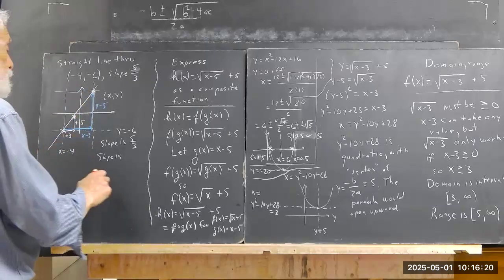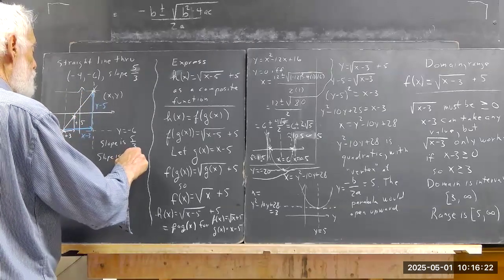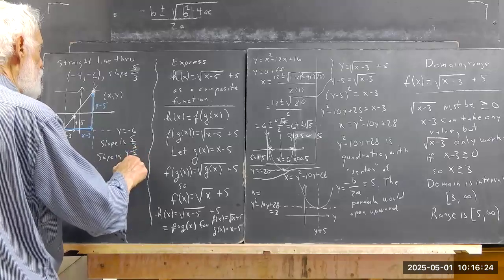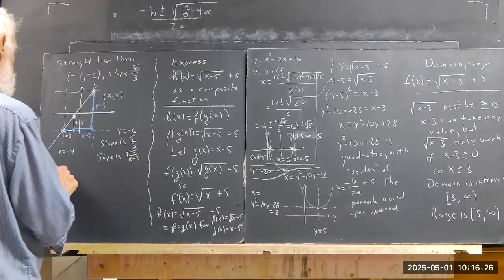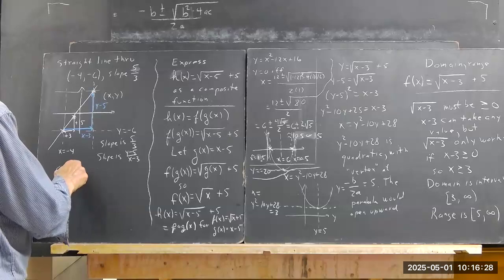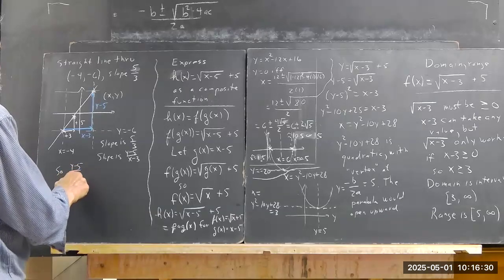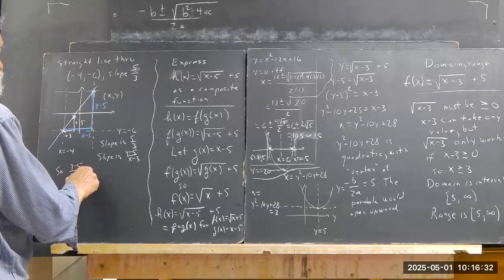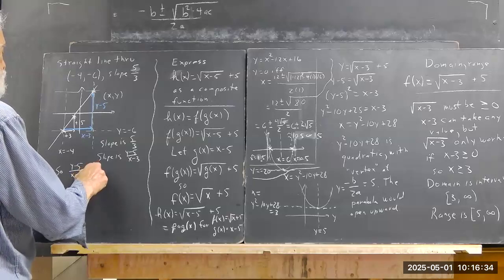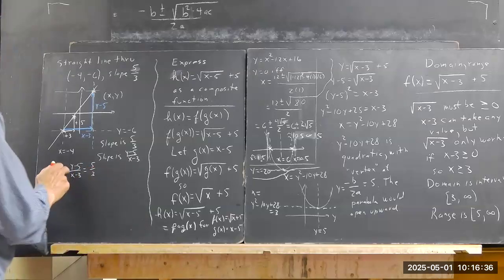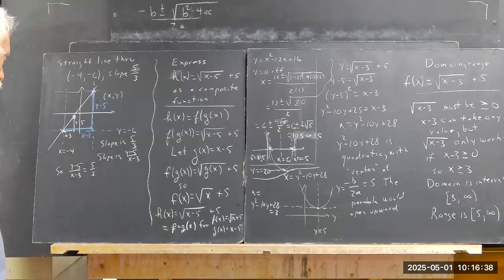We have a run of x minus 3. So slope is y minus 5 over x minus 3. So y minus 5 over x minus 3 equals 5/3.